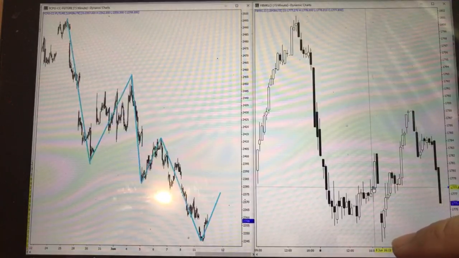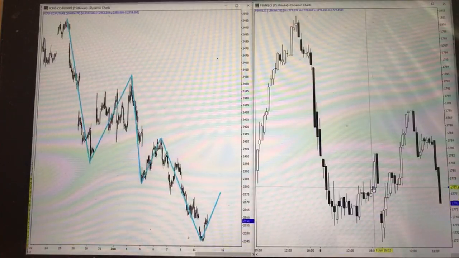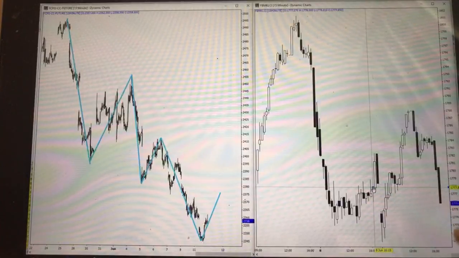That means for the next day, if the market is not volatile and not too dynamic, price may move lower than this low.